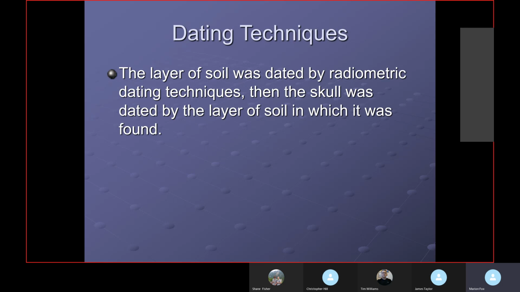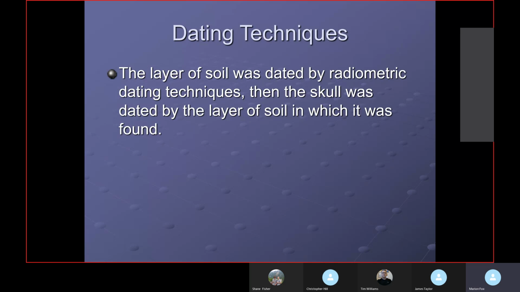Now, that's not terribly unreasonable, although the skull could have been buried, and someone might have buried the skull as we bury people. So if they found my bones or the bones of my grandfather or someone like that, they may look at those bones and say, well, it's in soil, it's dated such and such, and so must have lived at that time.